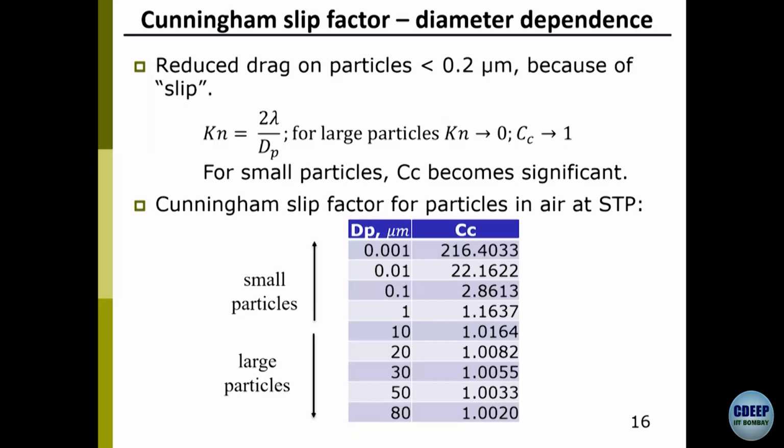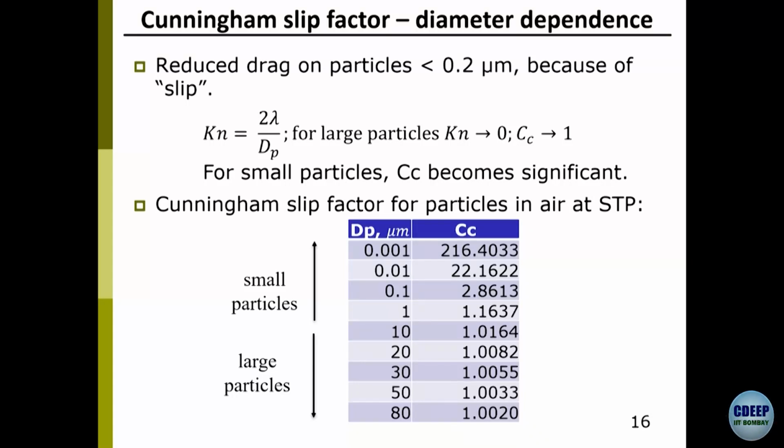So, large particle sizes, Cunningham slip factor tending to 1, you are going back and recovering the continuum form of the drag coefficient, right. So, this is the story of non-continuum behavior, which typically we do not encounter in many other physical systems other than aerosols, right.